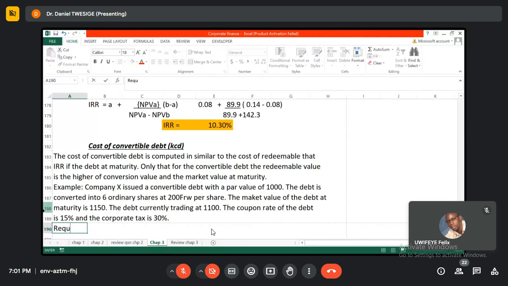Required: compute the cost of the debt. So can you now do that one?